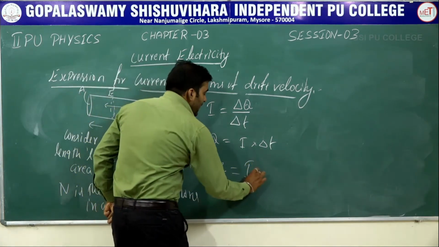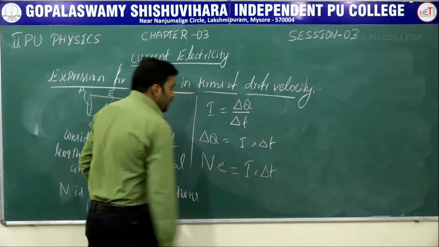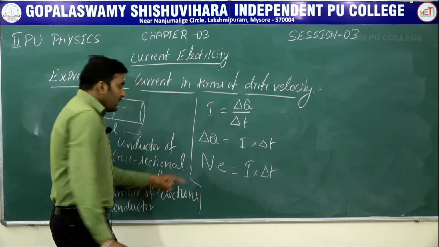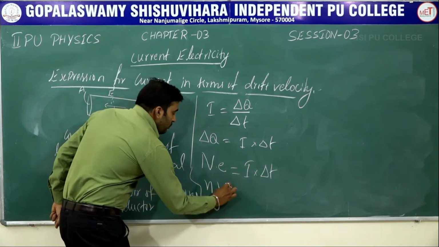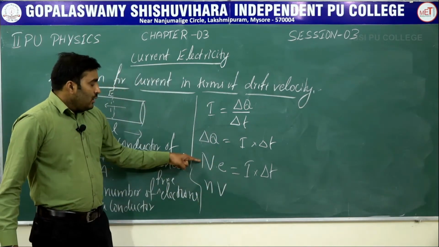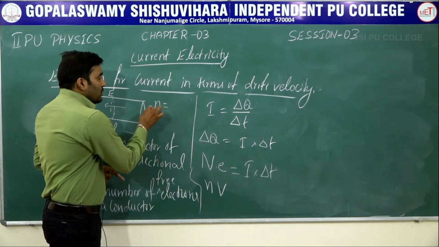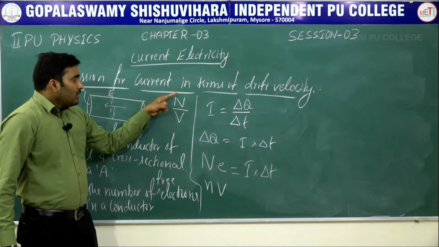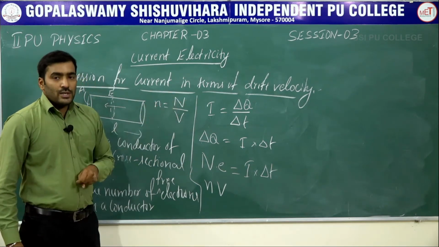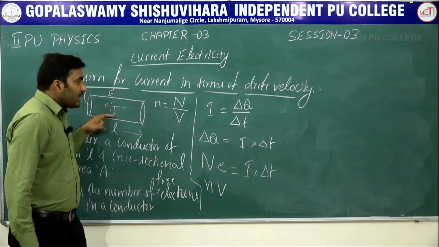So this is equal to I into delta T, and I will write this capital N as n into V, which means small n is equal to N divided by V. N is the total number of electrons and V is the volume of the conductor.